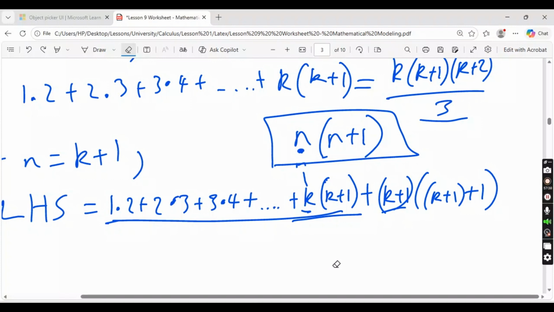We then, oh, now we simplify. We say k into k plus 1. This is k squared plus k plus k.